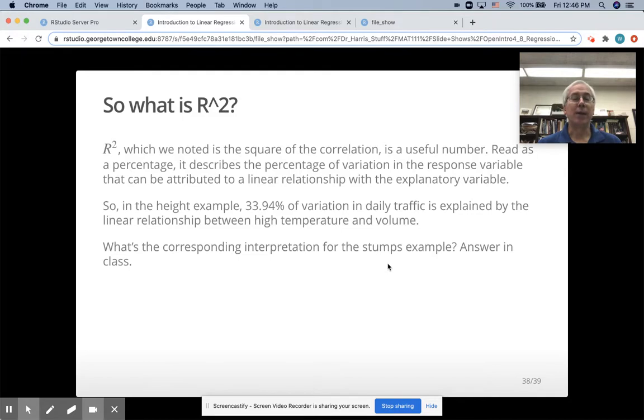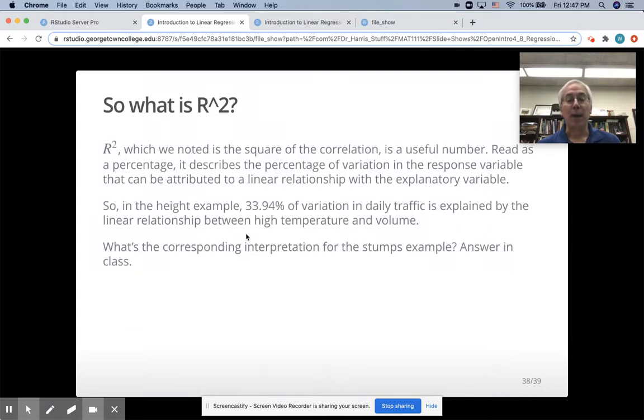So R squared tells us what fraction of variation in the response is directly related to the linear relationship it has with the explanatory variable. R squared for this, and this should say Rails to Trails example, my apologies for that, in the Rails to Trails example, about 34% of the variation in daily traffic is explained by the linear relationship between high temperature and volume.